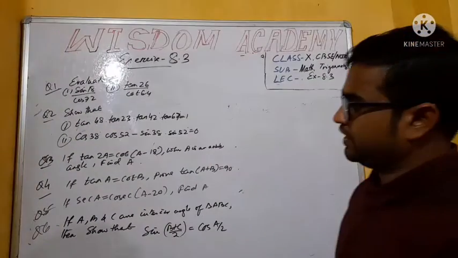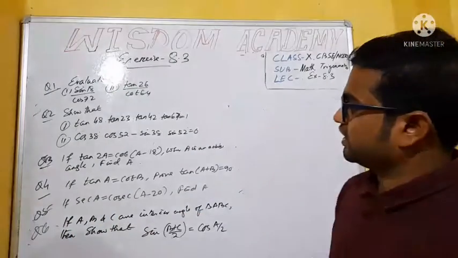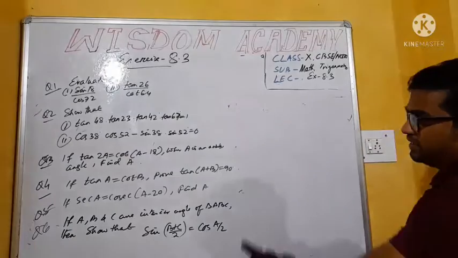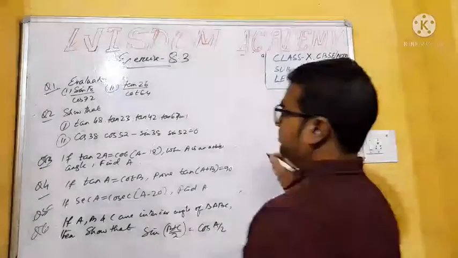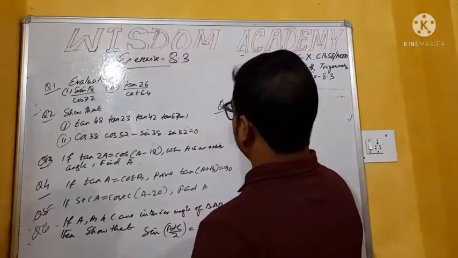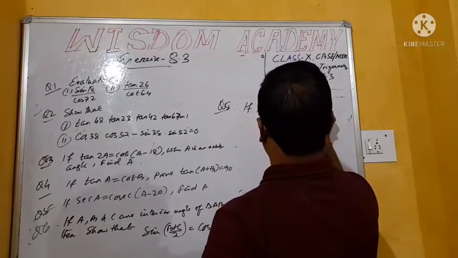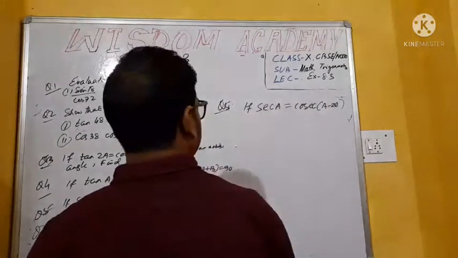Students, question 5 says: if sec a is cosec of a minus 20, where a is an acute angle, find a. Similar to question number 3. Then find the value of a.